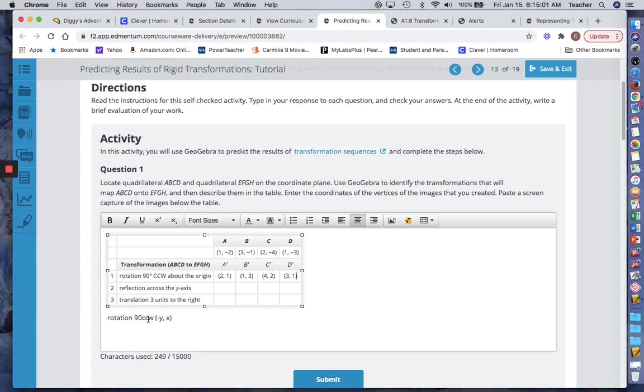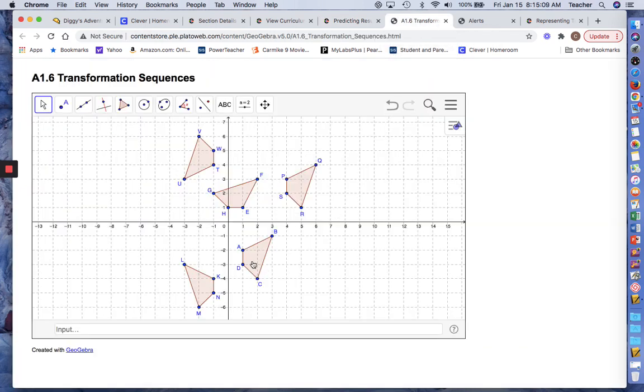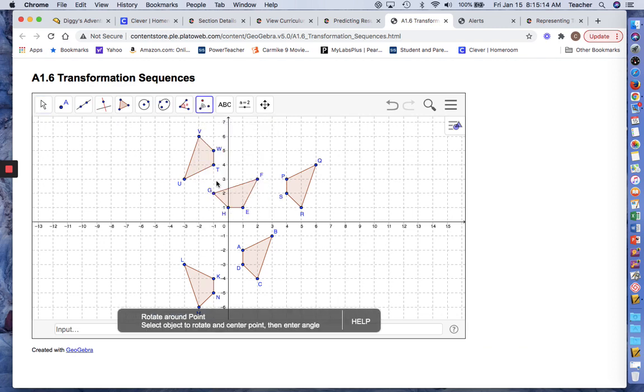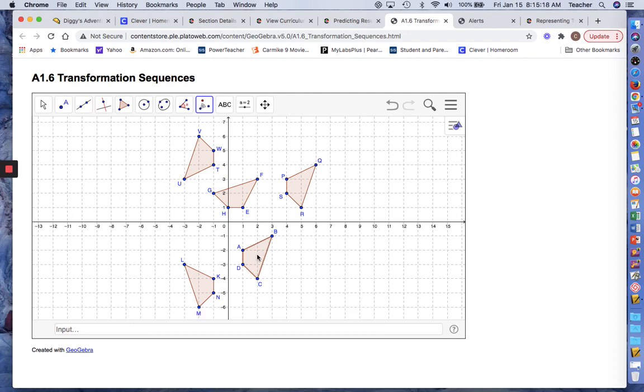Okay, so I understand some of you guys are visual. And you know what? We're just learning this, so I get it. So we're going to rotate the original figure 90 degrees counterclockwise. So I'm going to come up here and do rotation. It's going to be this figure rotating around the origin. Oh, I have to have a dot for the origin.